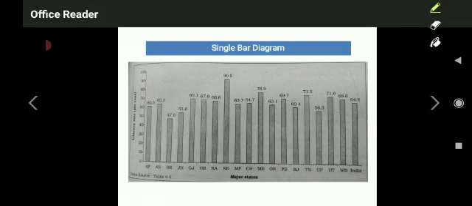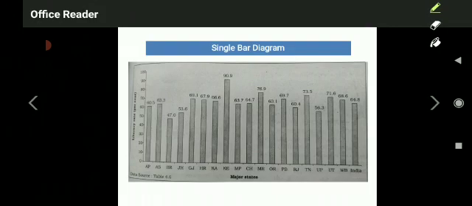We have to draw this very systematically. In the beginning of the diagram we have to make very clear what we mention on the vertical Y axis and what on the horizontal OX axis. We should make it very clear. And after mentioning these two axes, let us come to the diagrammatical part.